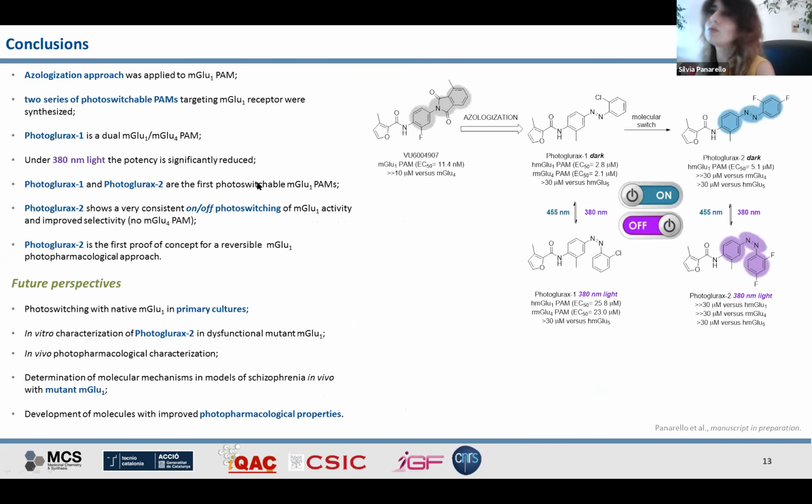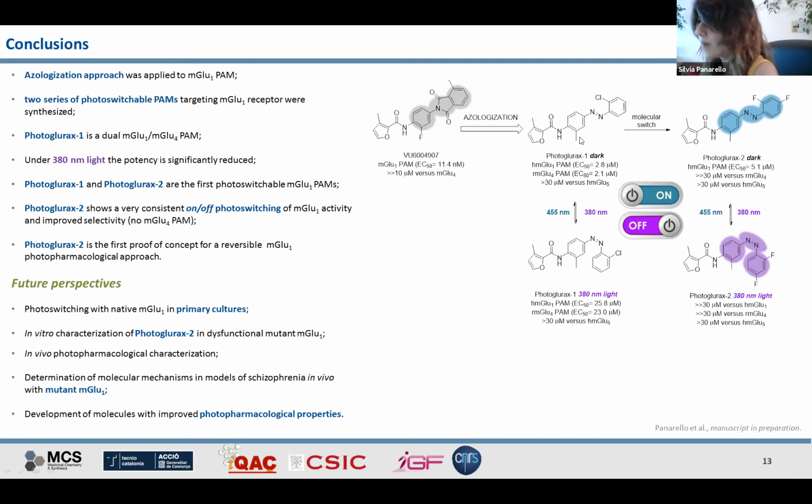This leads us to the conclusion, and I want to just highlight the most important. So after applying the isologization approach, we obtain 2 series of photoswitchable PAMs targeting mGlu1 receptors. And photoglurax-1, we can say, is a dual mGlu1 and mGlu4 PAM that, under 380 nanometer light, its potency is significantly reduced.